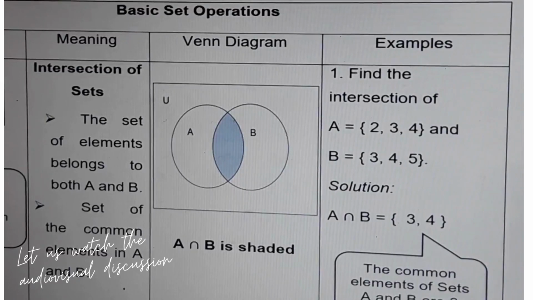So for example, using the same sets, A is 2, 3, 4, and B is 3, 4, and 5. A intersection B, we have 3 and 4 as the common elements.